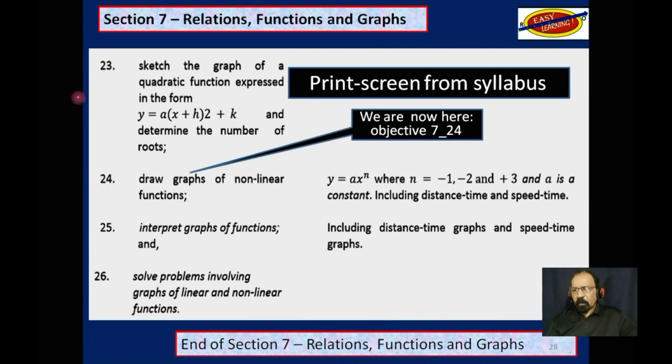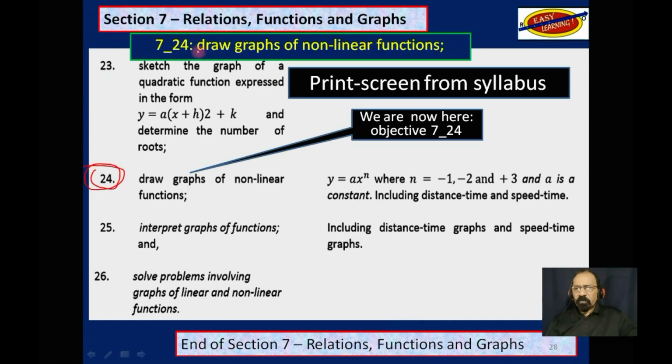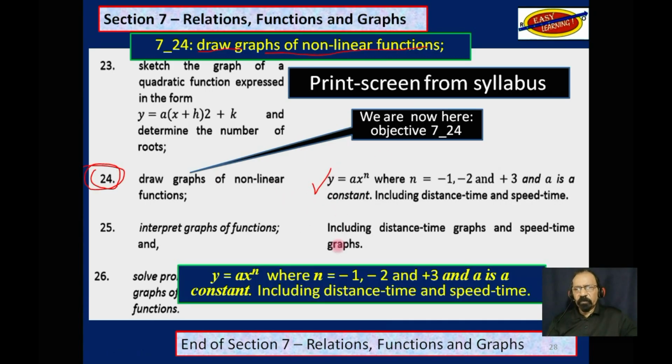So we are here. And it says, draw graphs of nonlinear functions, and you are told what nonlinear functions to use. y = ax^n, where n could be -1, -2, +3, and a is a constant. And it also says, include in this objective distance-time and speed-time graphs.